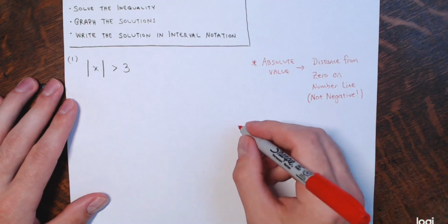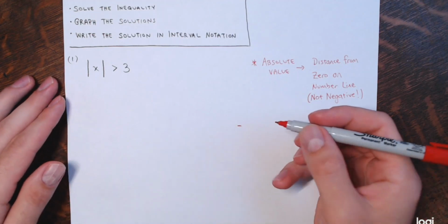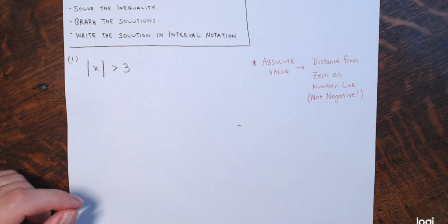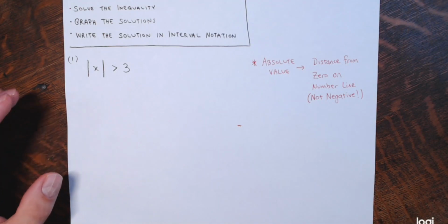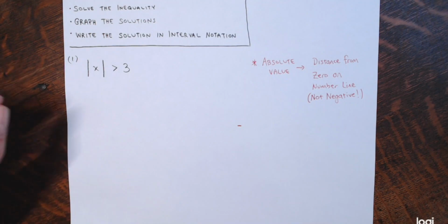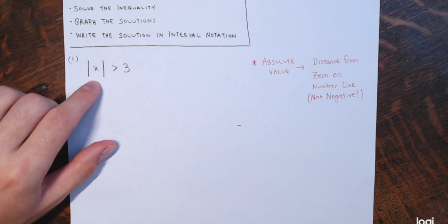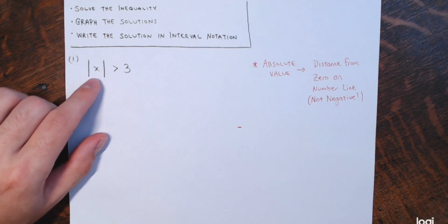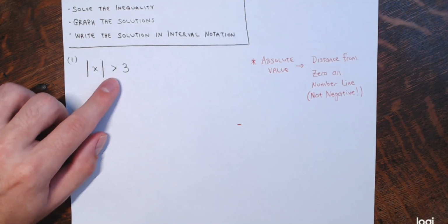Right. Now when solving an absolute value equation or absolute value inequality, again, you may have noticed this in my previous videos, I'm going to perform some algebra steps, right, adding, subtracting, multiplying, dividing, in order to get the absolute value expression all by itself. And I've been doing it so that it's all by itself on the left side of the equal sign or the inequality symbol.